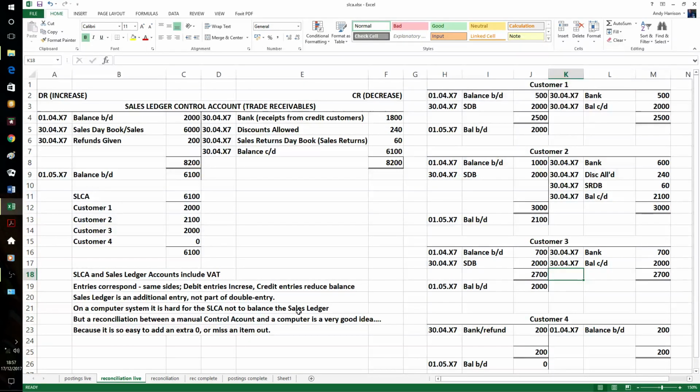And there we are. And now we have reconciled it. The total of our individual accounts adds up to the same as our control account.